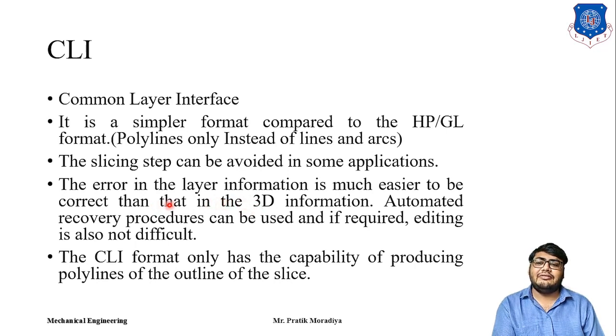Each layer will have different information, and an error which is there in the 3D information will be there in the 2D information also, and we can easily correct errors in 2D information. So this is very helpful in the common layer interface, where we can automate the recovery procedures for repair of these errors, and editing is also very easy.